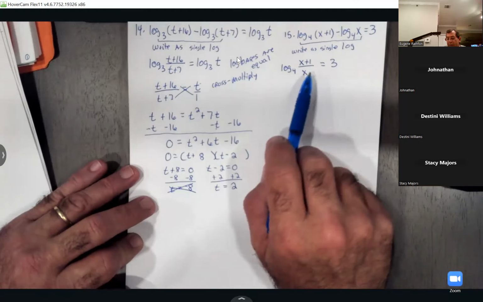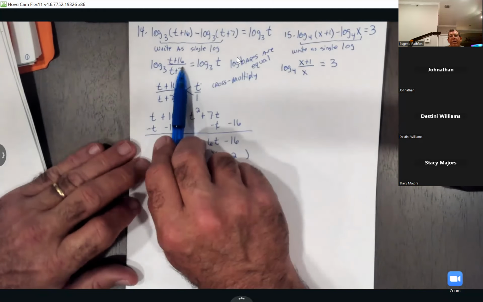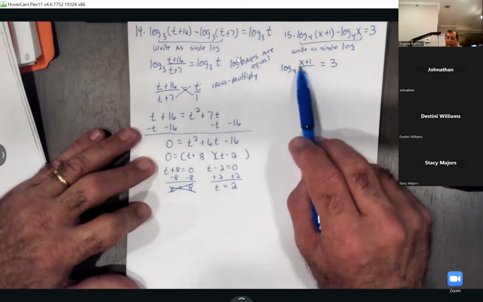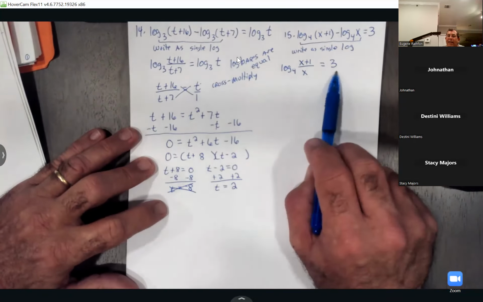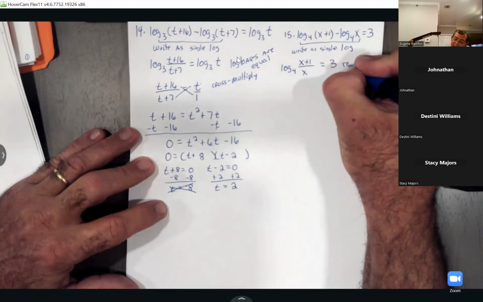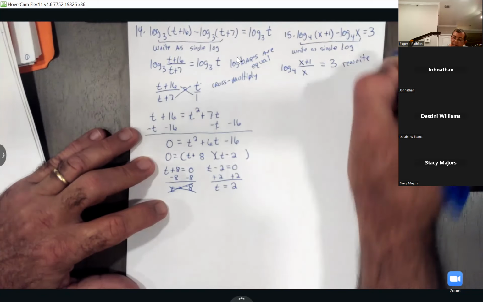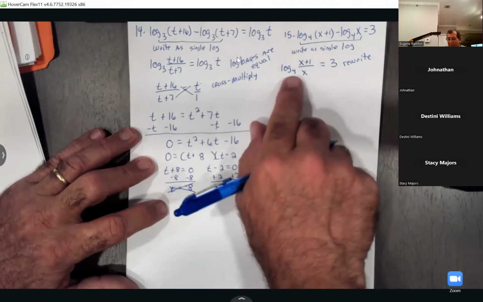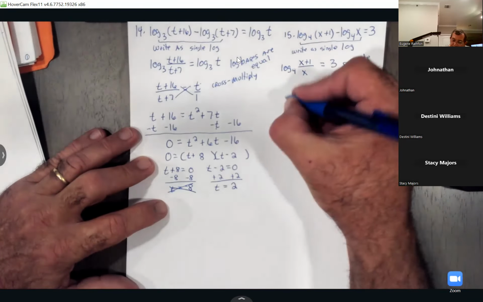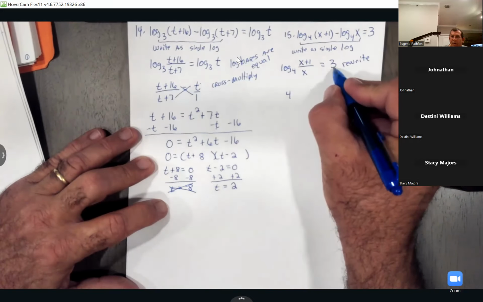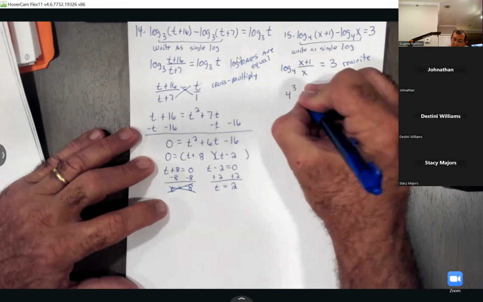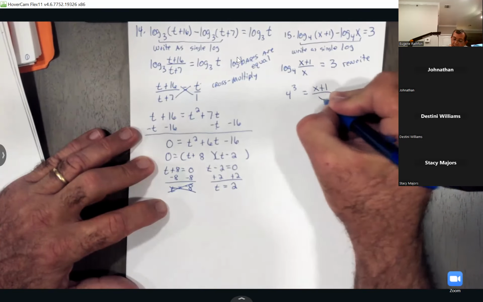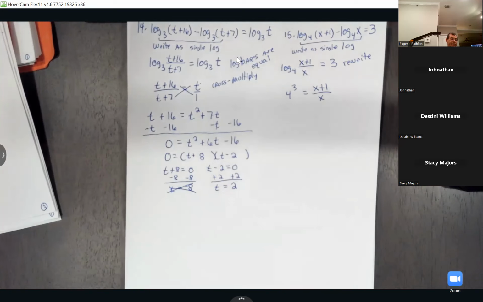Now, here's the difference between this one and this one here. On this one, I had a log base 3 on both sides. I've only got a log on one side. So y'all, for this one, we're going to have to rewrite it as exponential. So your base is 4, the exponent is 3, and 4 to the third has got to equal x plus 1 over x.